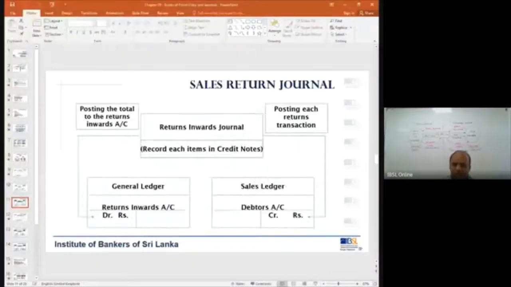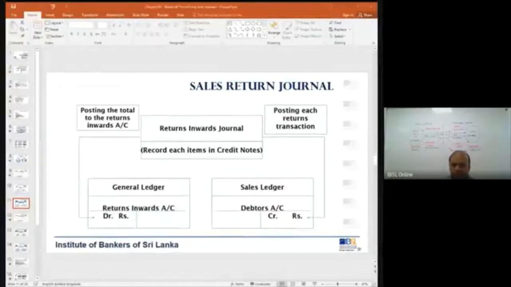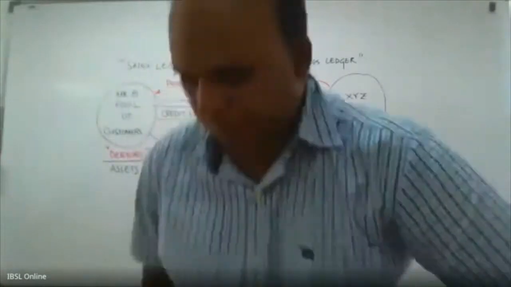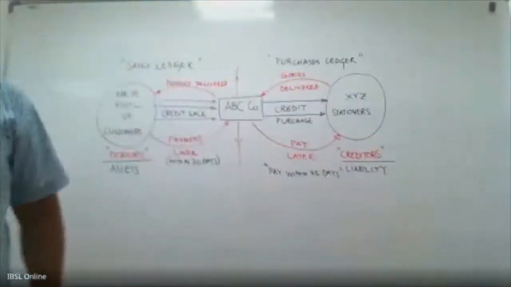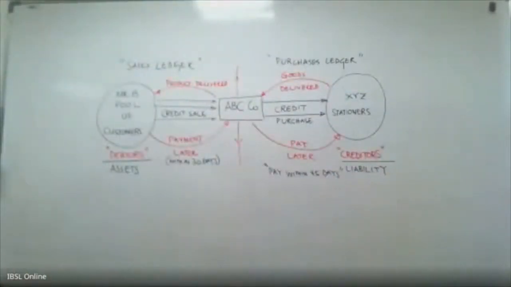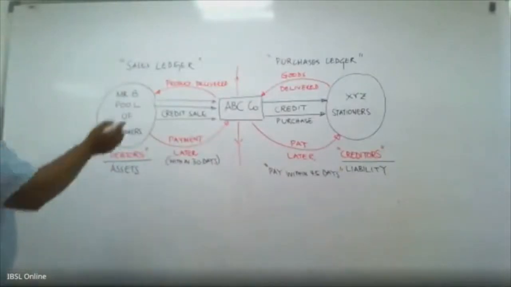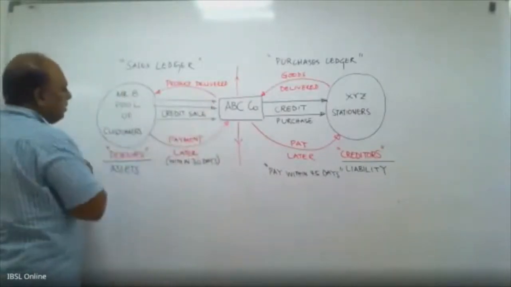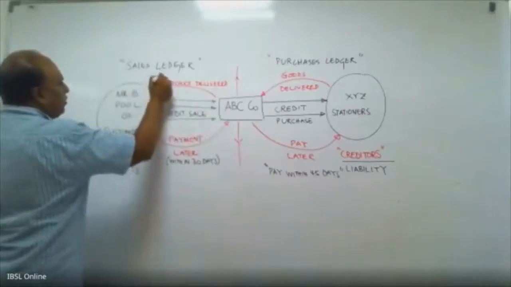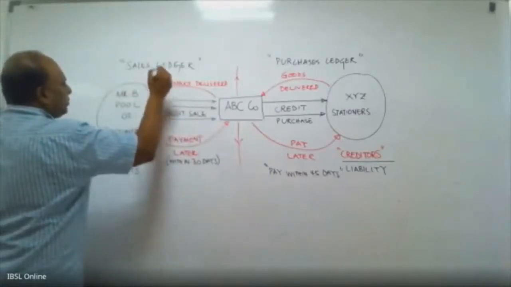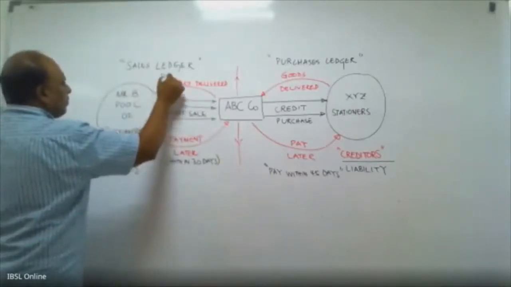So let me explain it on the board, because sometimes you might not have understood this. Right. Let's look at this. Let's say you have done a sale to Mr. B for rupees 500,000.